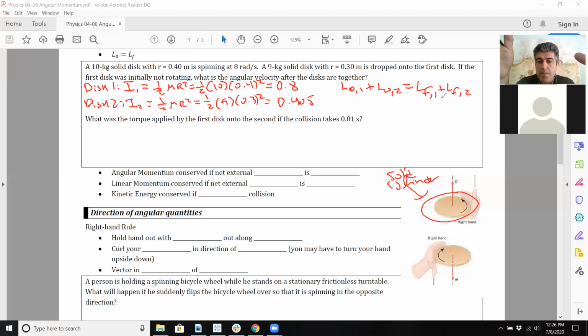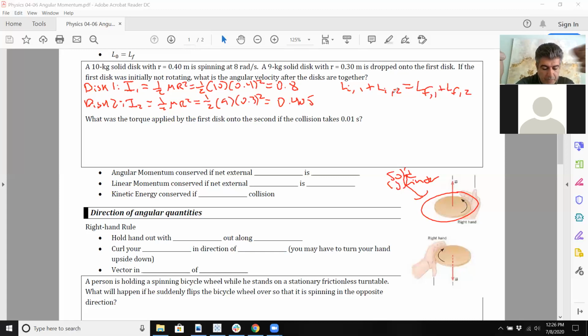I'm doing all these subscripts, so let's use I for initial. Li1 plus Li2, that combination is going to equal the final angular momentums for the 2 disks.